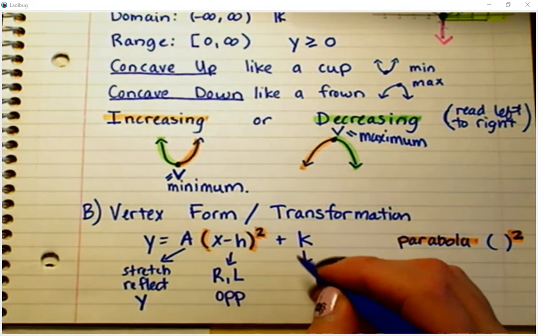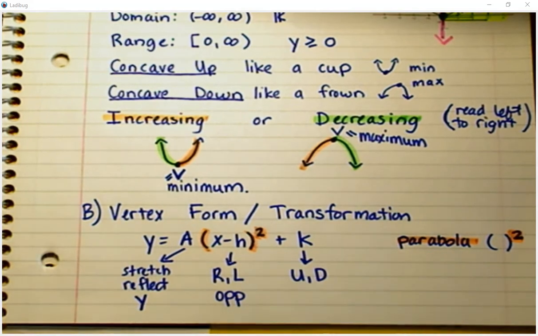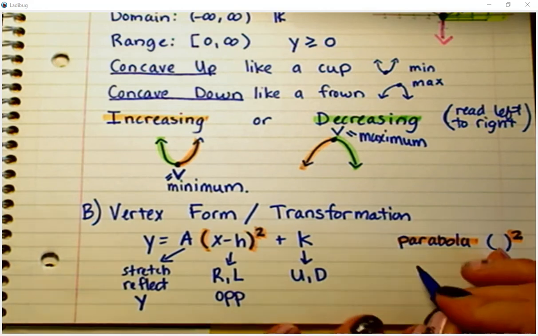And the k goes up and down. Good. Same words they've been since August. Stretch, reflect, right, left, up, down. That's what we're going to do. We just have a new shape we're going to connect it with.